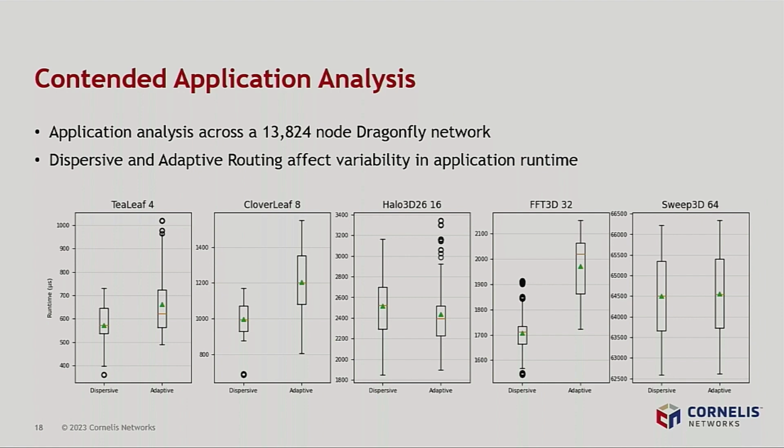These graphs show us, for the different node allocations, the variance across the run times that we're going to see. And we can see that in the cases where they are all against each other, the adaptive doesn't create the best solution compared to the dispersive routing that we're proposing.